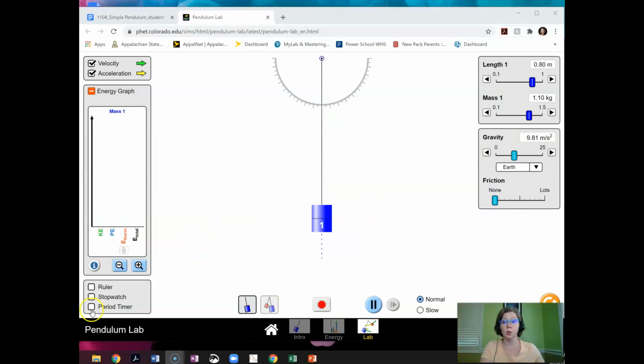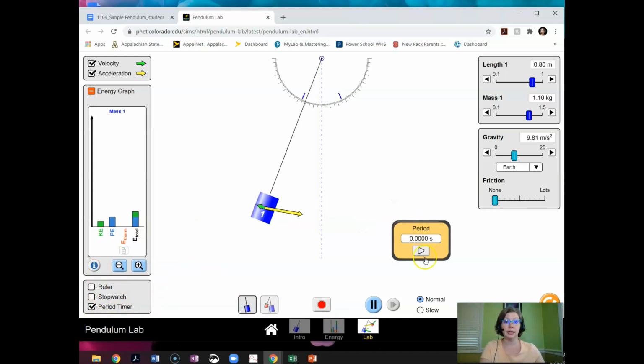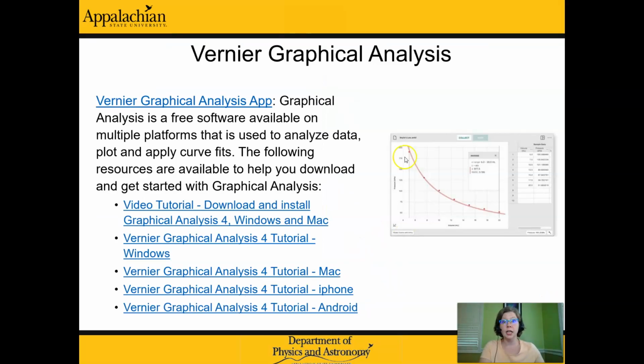You will be required to use the period timer. That's down here, and as you can see, I need to start it, and it will measure the period of one complete oscillation.